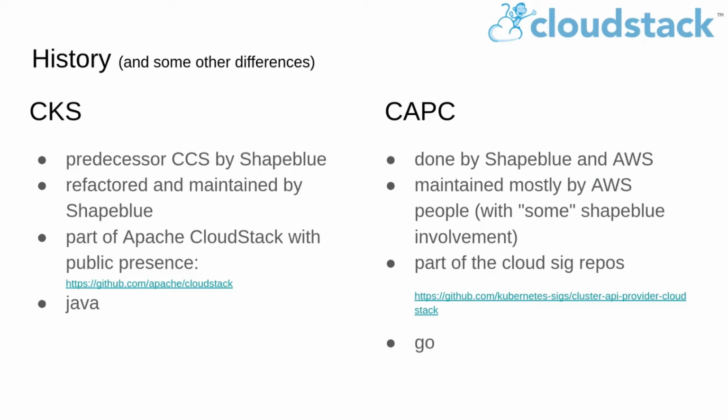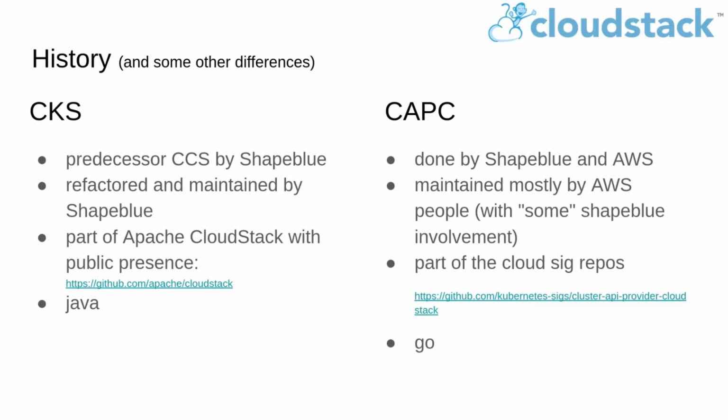Then CAPC, it was done in cooperation with Amazon. Why did they want a CAPC implementation? Well, you can guess, but there's of course several business reasons why they want to give their customers the opportunity to move out.